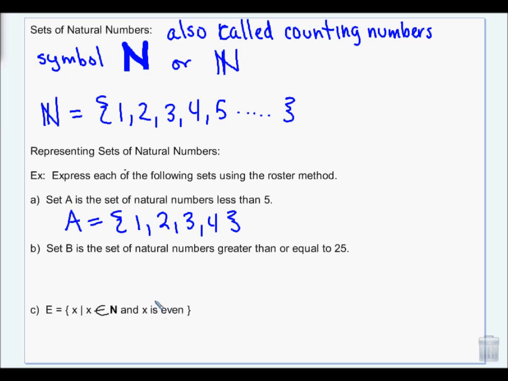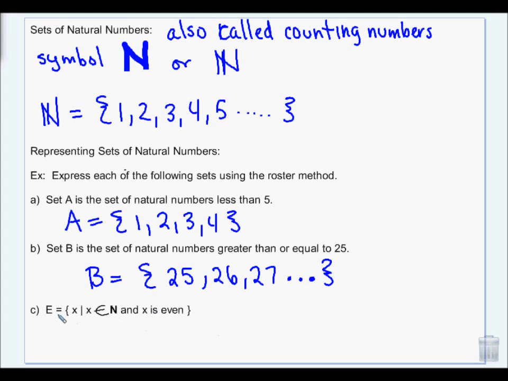If we forget to put the A equals, are you going to count that wrong? No, I'm going to put a big red A equals and an arrow, and don't forget. Set B is the set of natural numbers greater than or equal to 25. That means we include 25, 26, 27, and it goes on forever, so we do 3 dots and close our set.